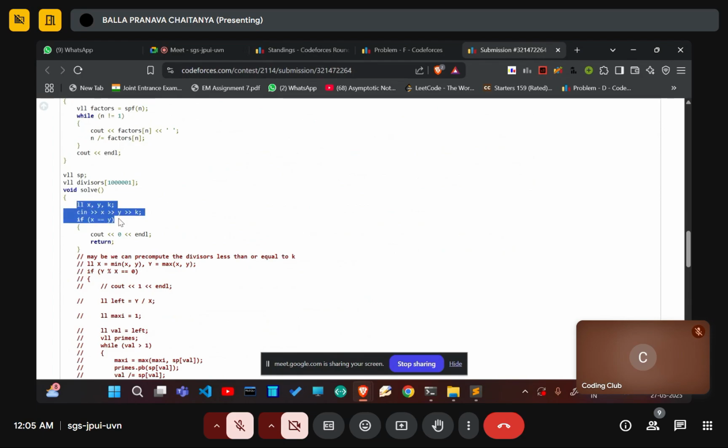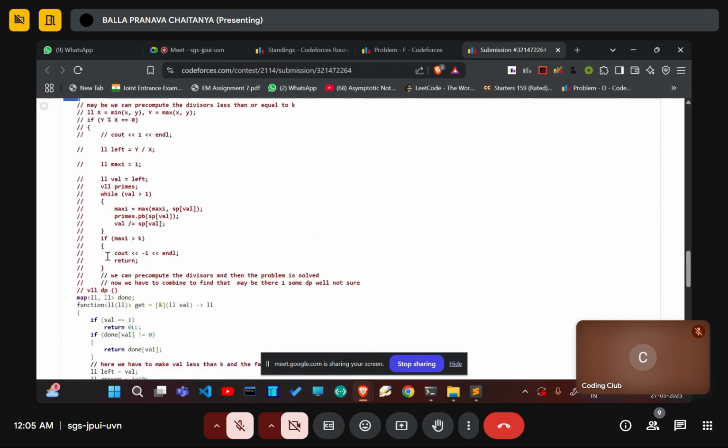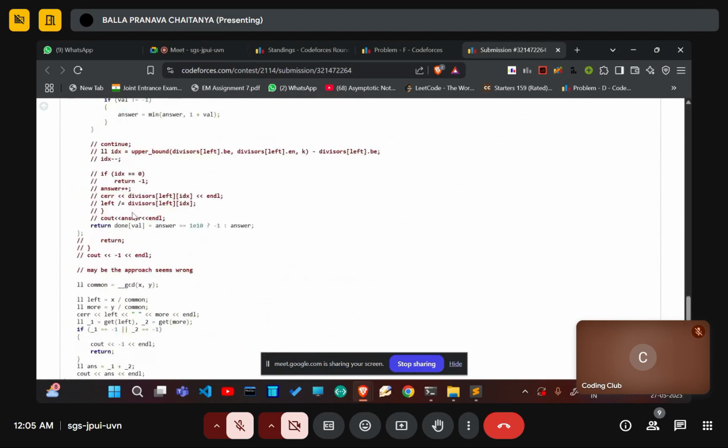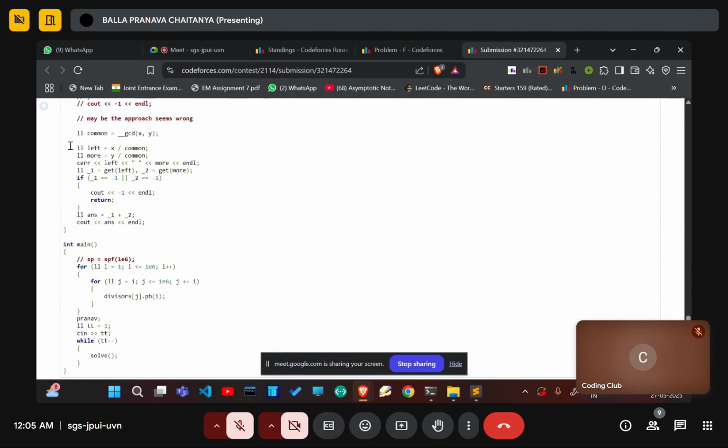So we take the input, and if both of them are equal, then simply the answer will be 0. This is simply an edge case I have added. And after that, this is the common number of both x and y, so I have taken the GCD to find the common number.